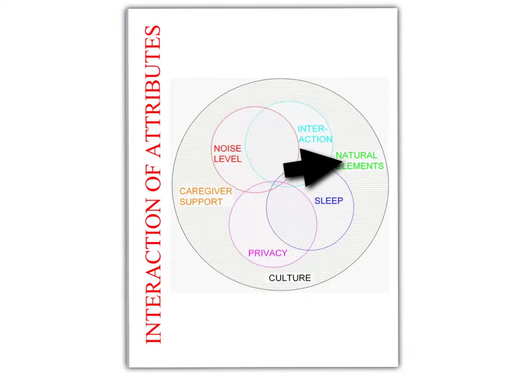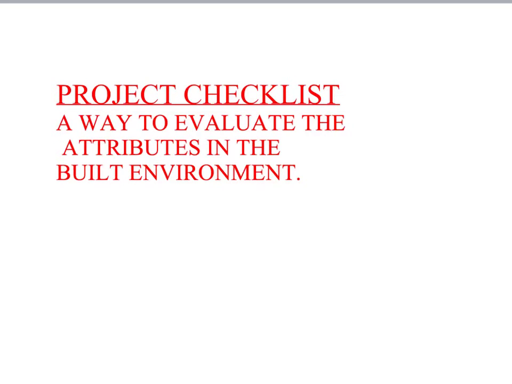But as we said, the notion of interaction where you need to be around people and make some kind of noise, but then you don't want the noise level too loud to impact people's privacy and sleep. So these are some of the things to keep in mind in trying to maximize the attributes in your home. We've included a project checklist as a way to evaluate the attributes in the built environment.